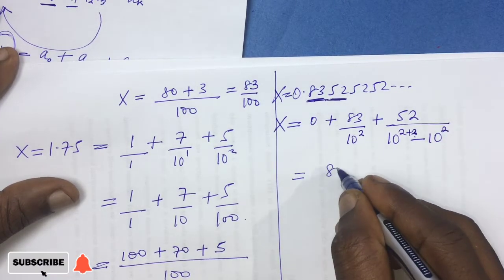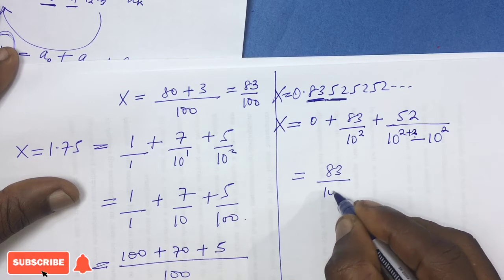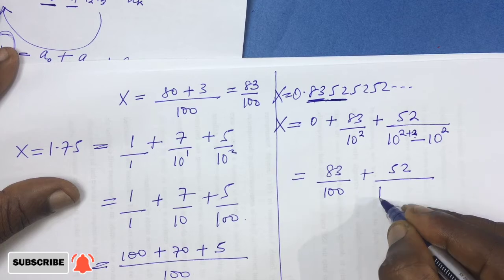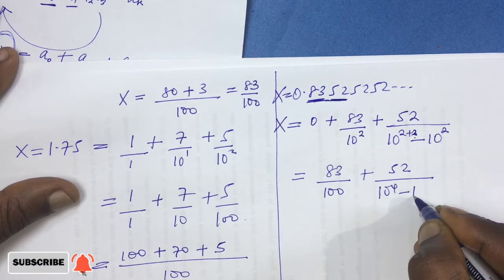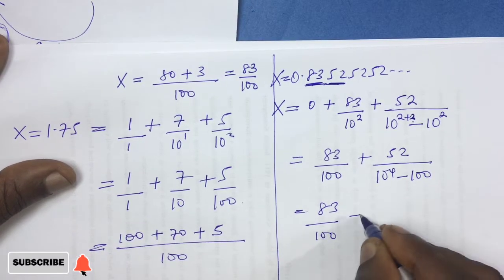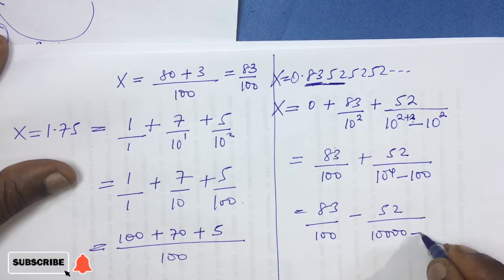So this will give you 83 all over 10 times 10, which is 100, plus 52 all over 10 raised to power 4 is what you have here, minus 100. So this will be 83 all over 100 minus 52 all over 10,000. Okay? Because 10,000 is 10 raised to power 4 minus 100.